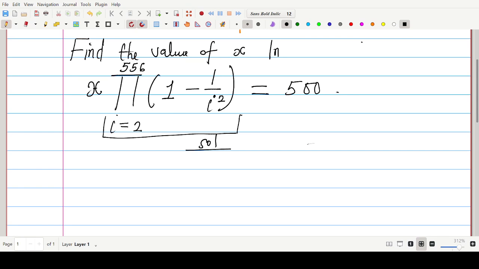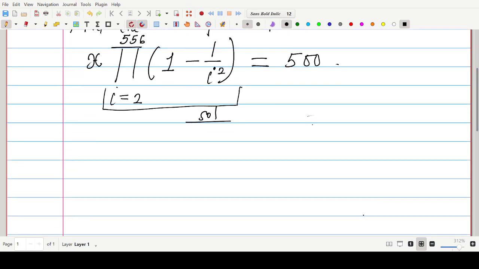First of all, we should consider this scenario. We can say consider pi ranging from 2 to n of 1 minus 1 over i to the power 2.